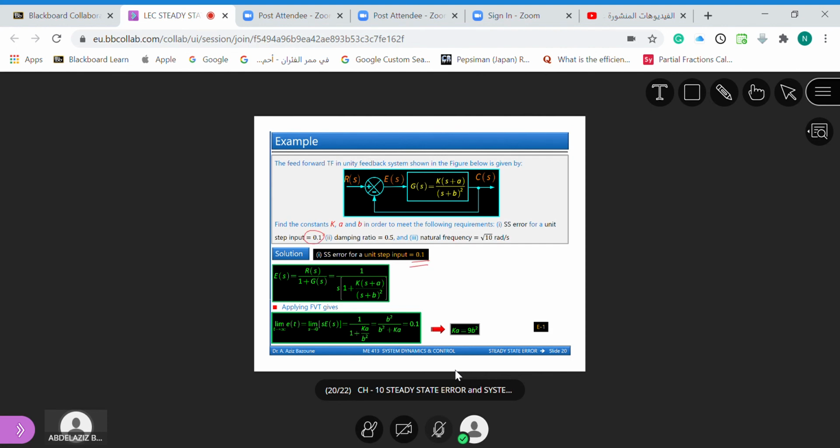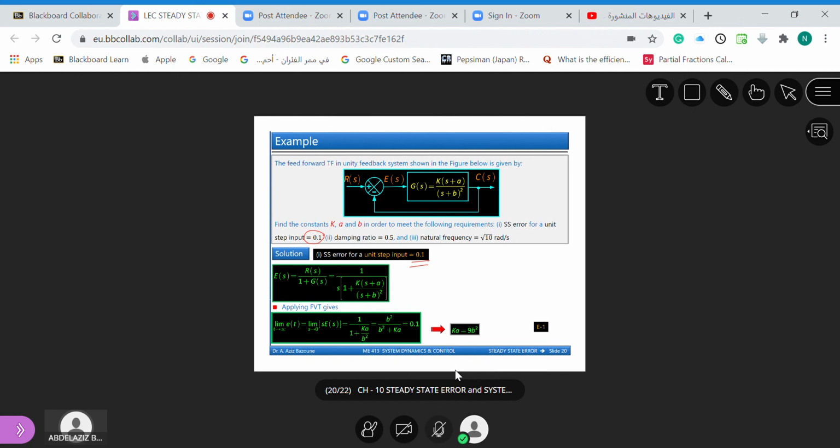Now let's see what the system type is here. Our system type is from G(s), but we can still calculate E(s). E(s) will be R(s) over 1 plus G(s), which is 1 over s, over 1 plus G. This is our equation to find E(s).